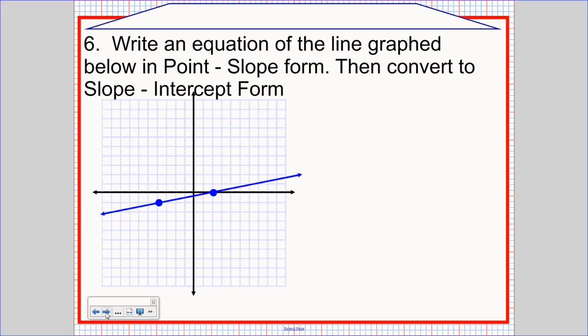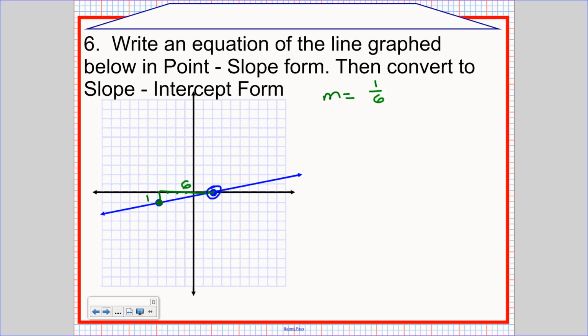All right, final example. This time I've got a slope that looks like 1/6, if you count that out, 1, 2, 3, 4, 5, 6. And I've got 2 points to choose from. Now what we're going to learn here is it doesn't matter which point we choose.